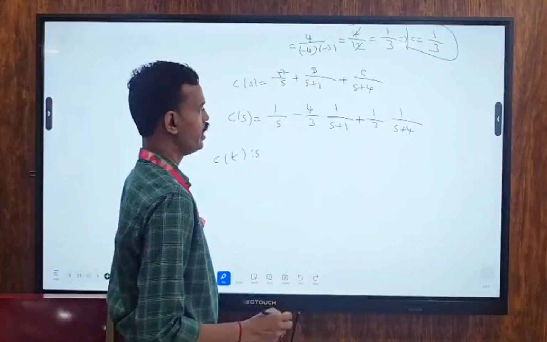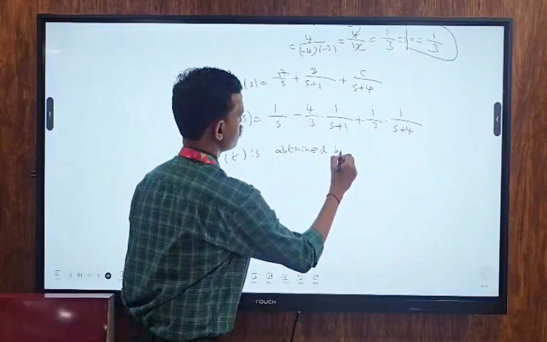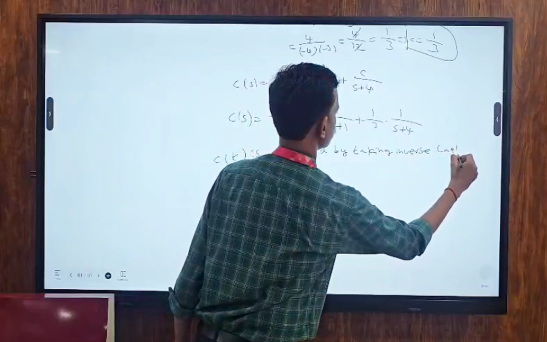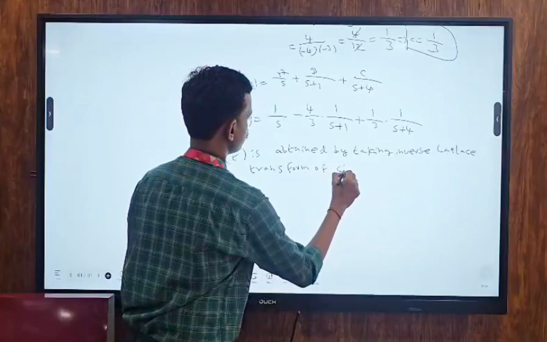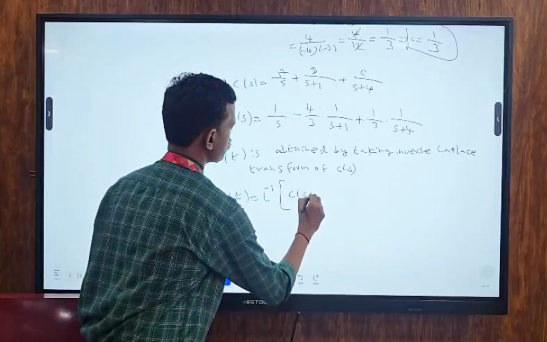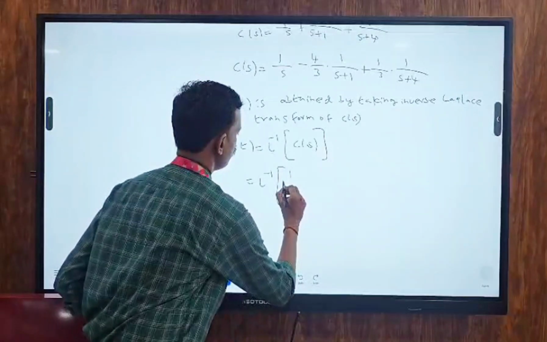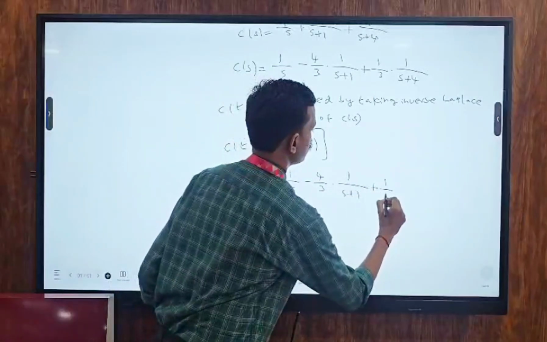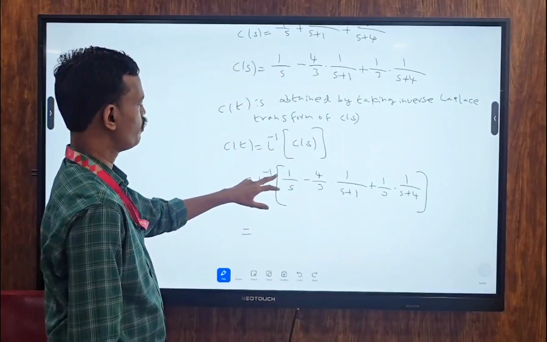c(t) is obtained by taking the inverse Laplace transform of C(s). So c(t) = L inverse of C(s), which is L inverse of [1/s - (4/3)(1/(s+1)) + (1/3)(1/(s+4))]. The inverse Laplace transform of 1/s is 1.